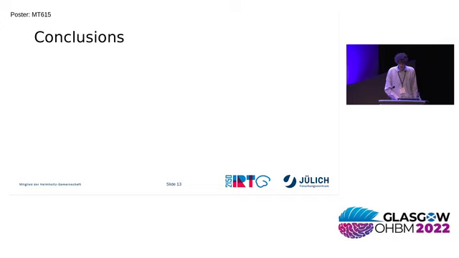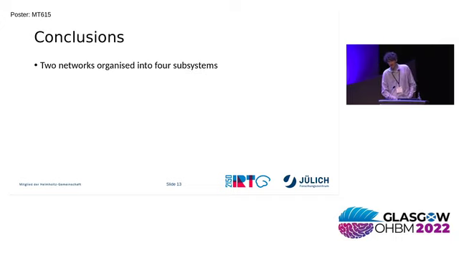Okay, so with that I will wrap up. What we found are two non-overlapping meta-analytical networks that fracture into 4 functional subsystems that nevertheless still recapitulate this dimensional structure we find in the meta-analysis.